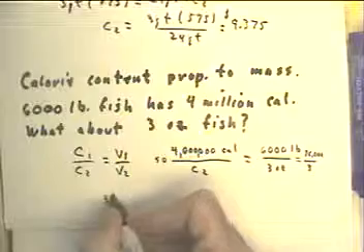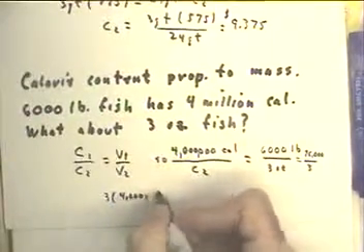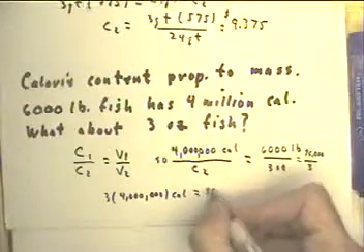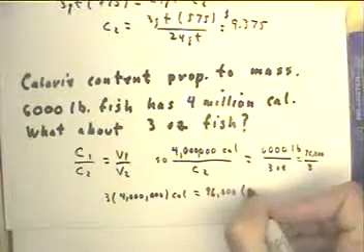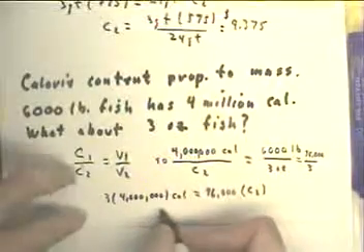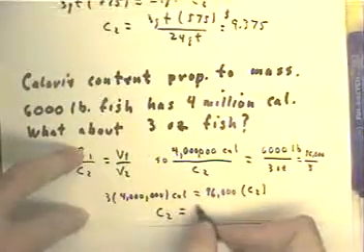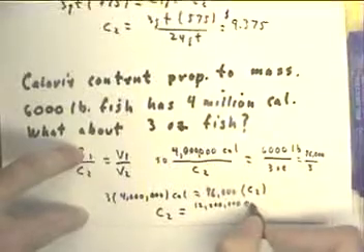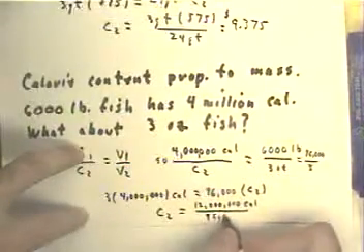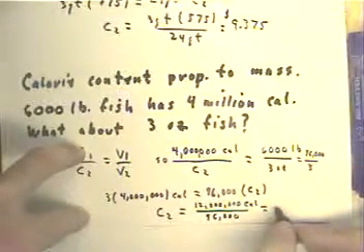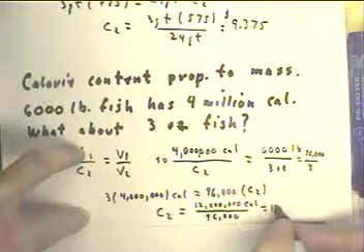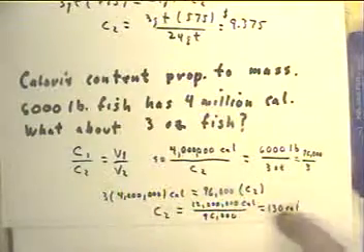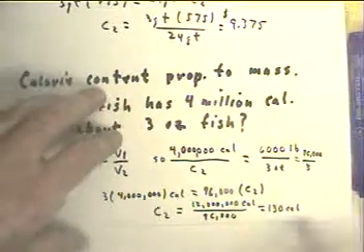We could then say 3 times 4 million calories equals 96,000 times C2, so that C2 is 12 million calories over 96,000, which comes out to about 124 point something, so it rounds off to about 120 calories.